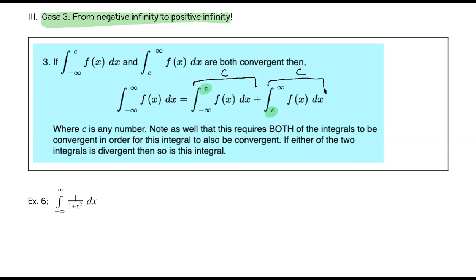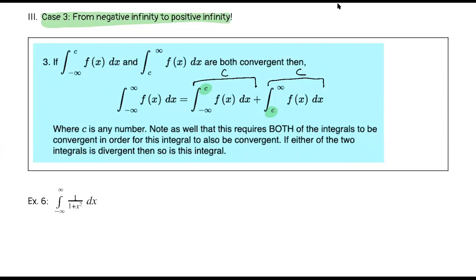If only one of them converges, then the improper integral overall diverges. Okay, so you need both parts to converge. Like the left end has to drop to the x-axis fast enough, and the right end has to drop to the x-axis fast enough. Okay.